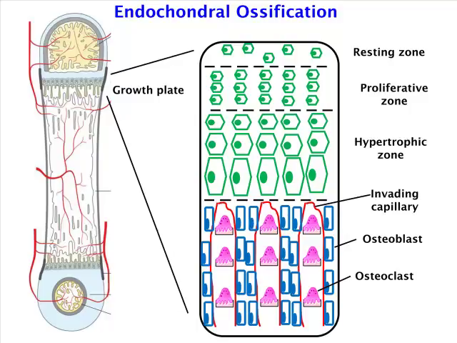Then we move into the hypertrophic zone where, as the name implies, they begin to grow in size but maintain this columnar organization. And right here at this point, what we often call the chondro-osseous junction, is where we have invading capillaries, which will bring osteoblasts and osteoclasts with them to lay down the bone and begin to mineralize.